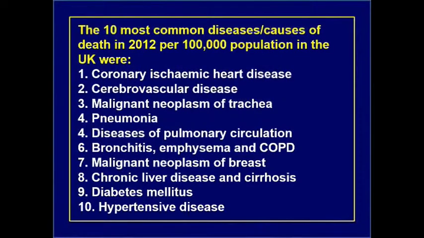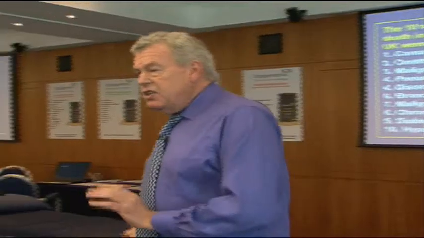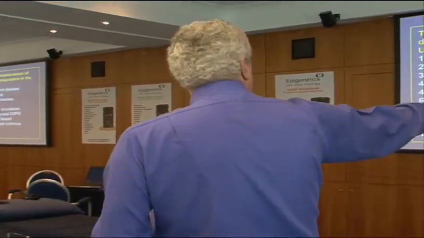Now, the 10 most common diseases that cause death, a little bit more serious here in 2012, is coronary ischemic heart disease. Okay, no big surprise as it's a phonocardiography seminar. Okay?